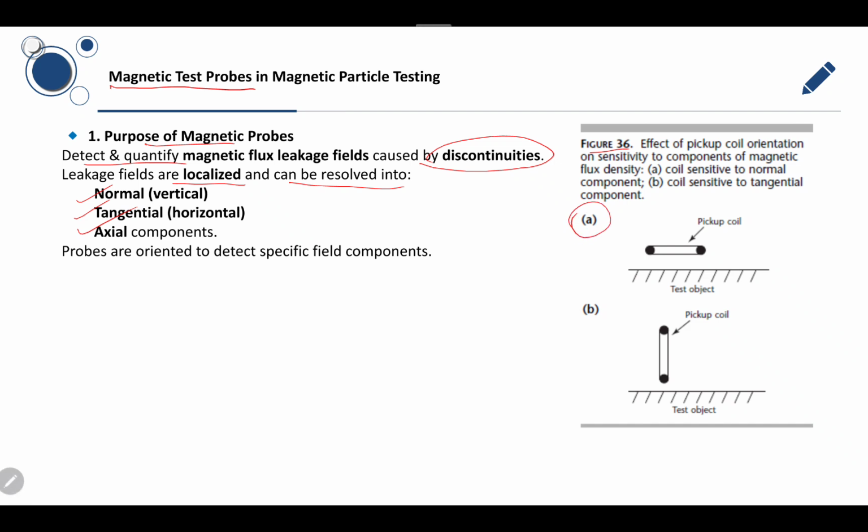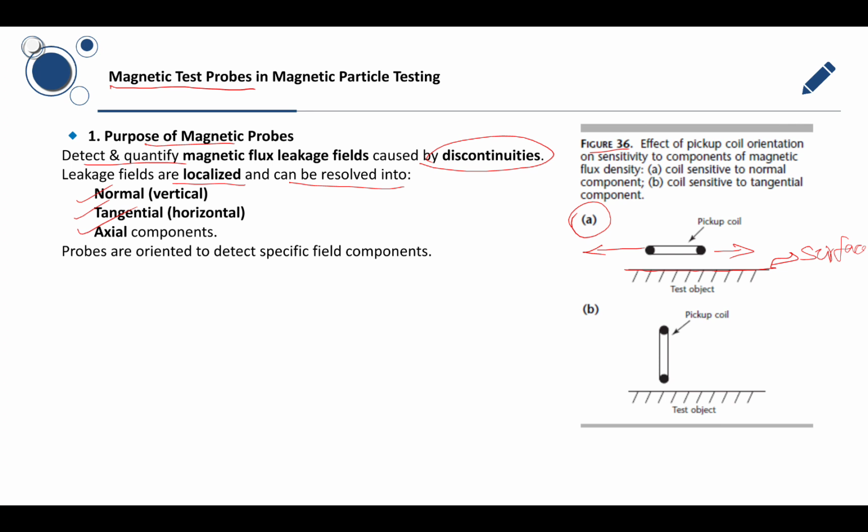First, part A, coil sensitive to normal component. The pickup coil is placed horizontally, parallel to the surface of the test object. This orientation makes the coil sensitive to the normal component of the magnetic field.